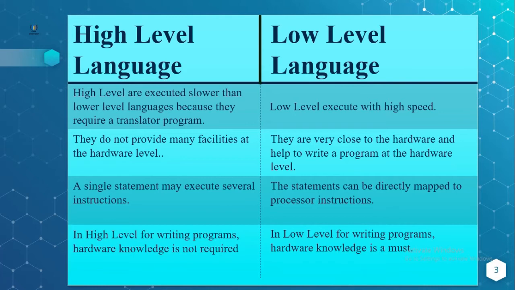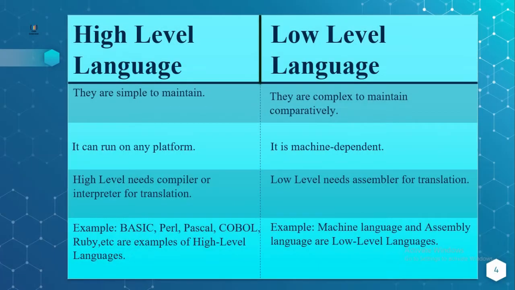In high-level language, for writing programs, hardware knowledge is not required, whereas low-level language programs require hardware knowledge, which is a must. Next, high-level languages are simple to maintain, whereas low-level languages are complex to maintain comparatively.